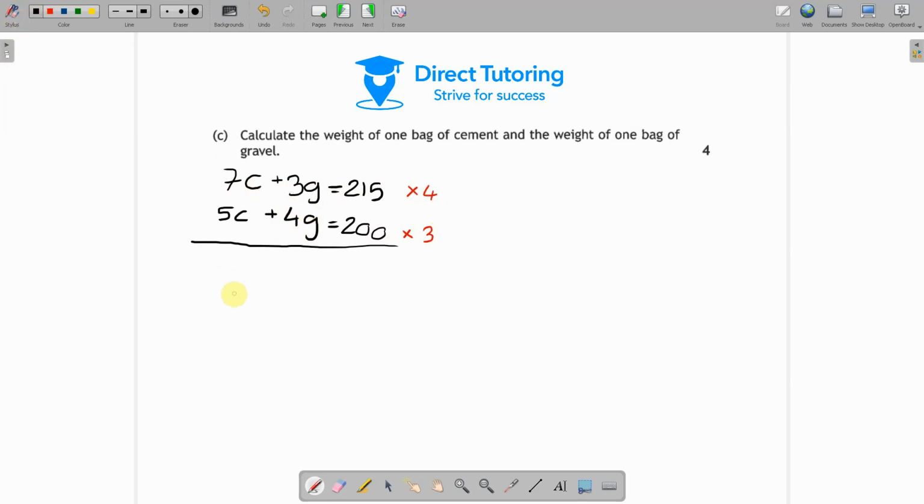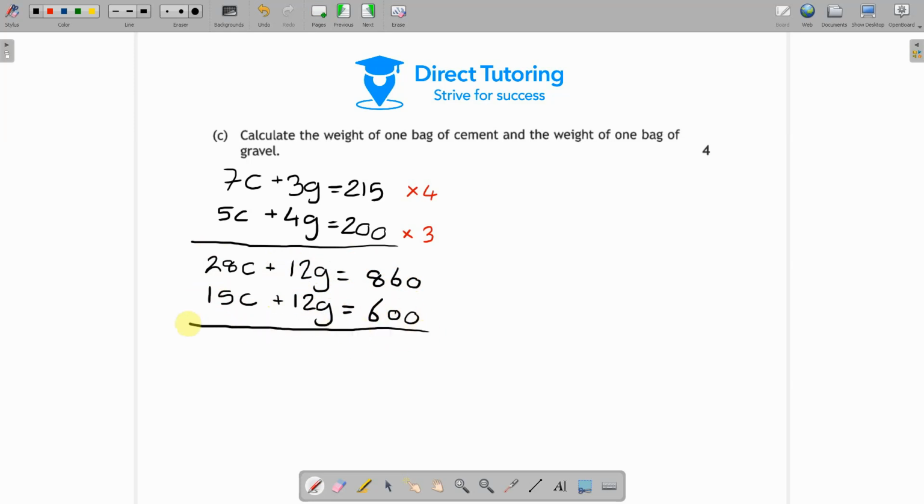So if we do 4 times 7c, we'll get 28c plus 12g, and then 215 times 4 will give us 860. 5 times 3 is 15c plus 12g equals, and 200 times 3 is 600.